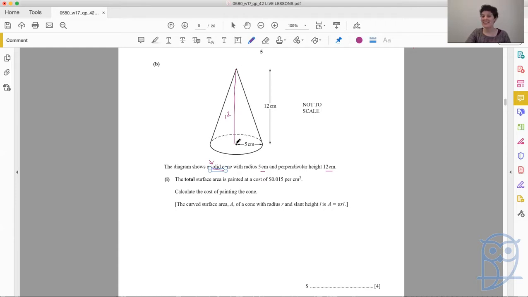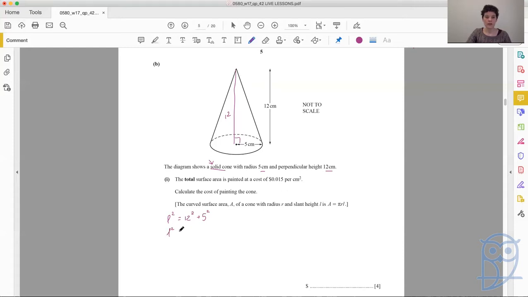But remember we said this is perpendicular height, which means that is a right angle. And there we have a beautiful right angle triangle. We see a right angle triangle and we're looking for a length. The first thing we try is Pythagoras. So we know that L squared, I use cursive L so they don't get confused with ones, equals 12 squared plus 5 squared.